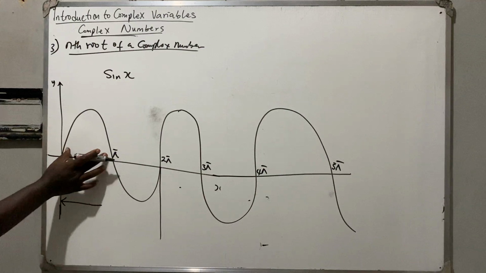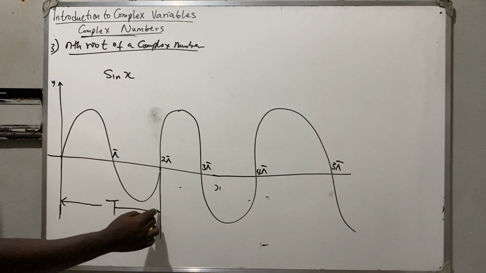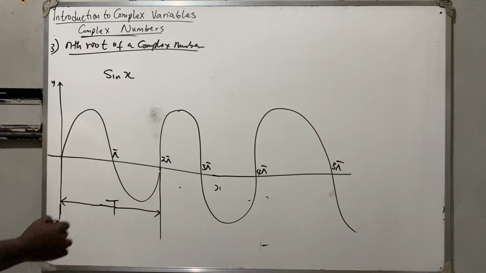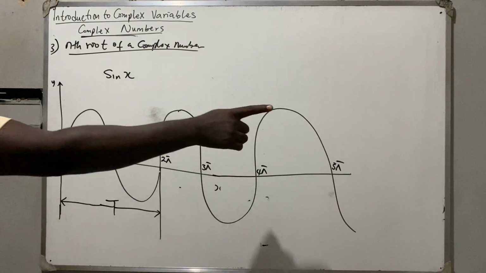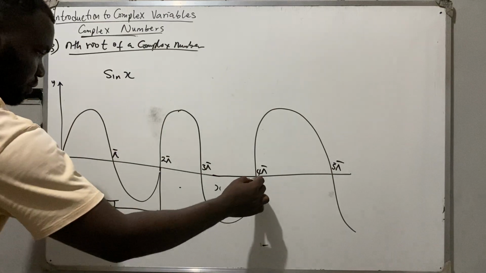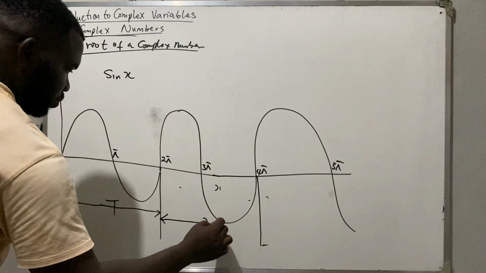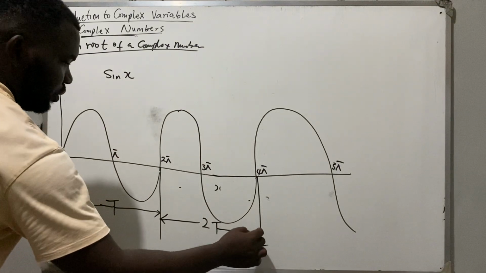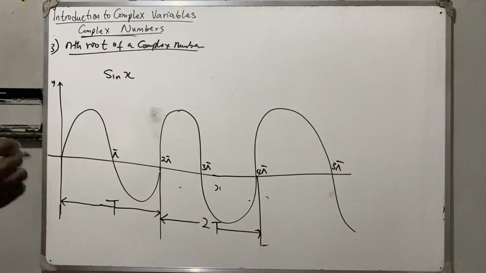If you join half of this and this to make a complete circle, this is the period. You see that the period is 2 pi. So each period is 2 pi, and another period is from here to somewhere here. So we have up to n periods.